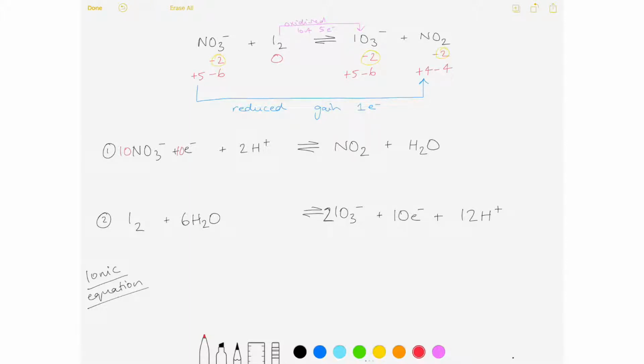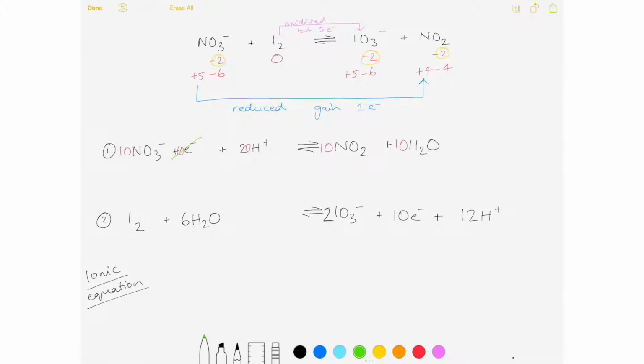And if we multiply everything by 10, we get 10 nitrate ions, 10 electrons, 20 H+ ions, 10 nitrogen dioxides, and 10 water molecules. We don't need to multiply the bottom by anything because they are already the same factor now. And before I continue, I'm going to cancel out essentially electrons, H plus ions and water molecules.